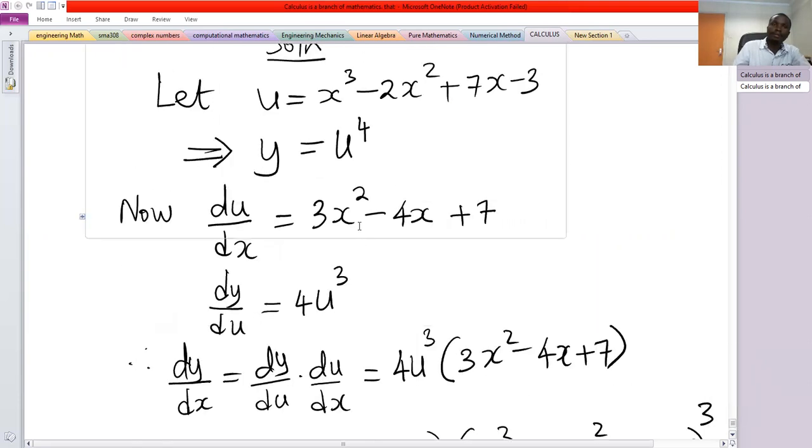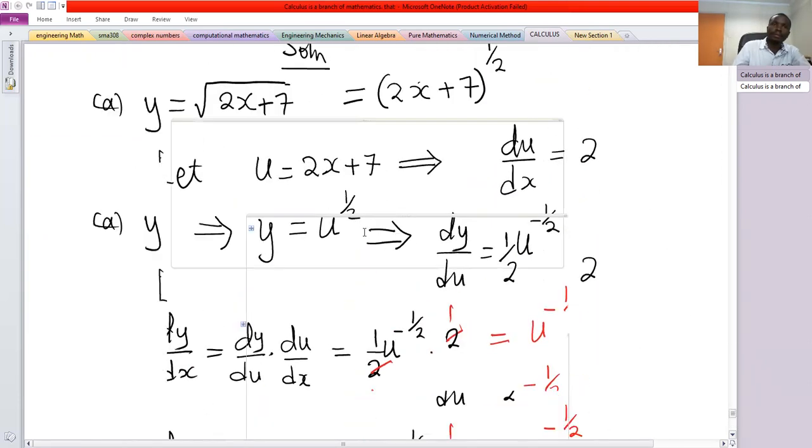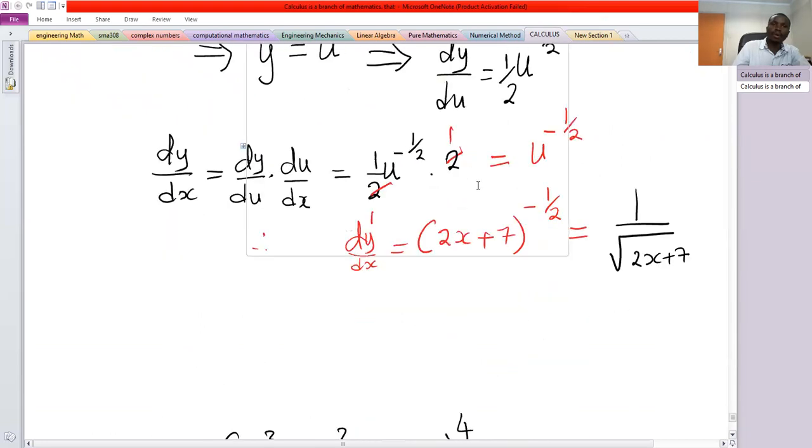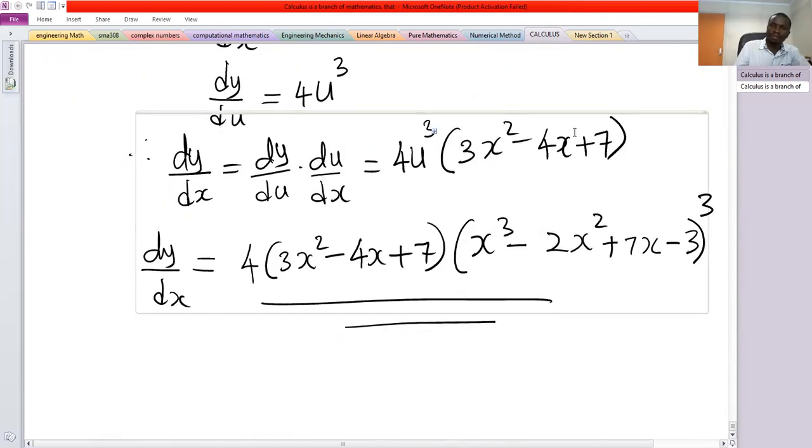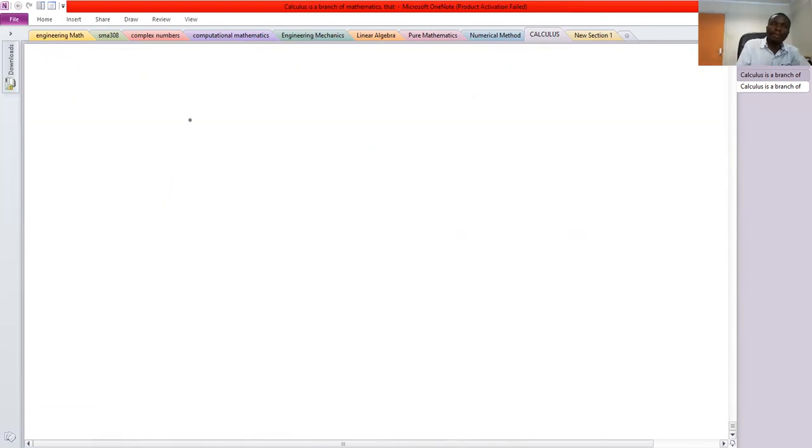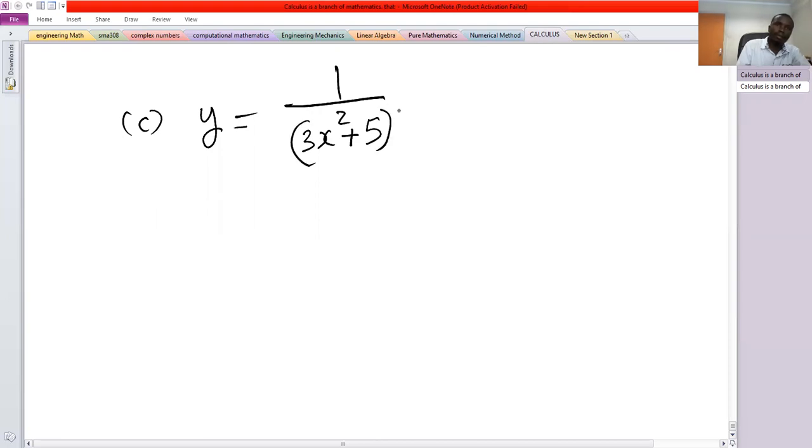And then C is y equals 1 over (3x squared plus 5) power 4.